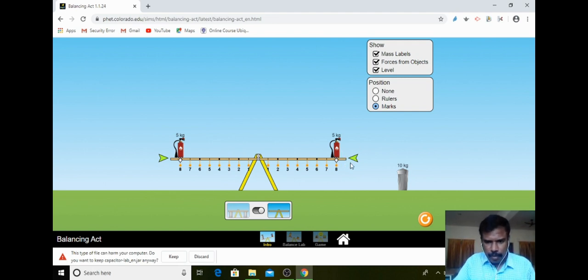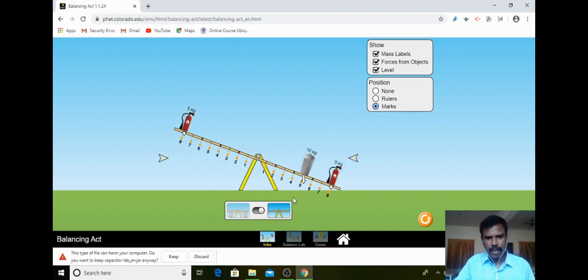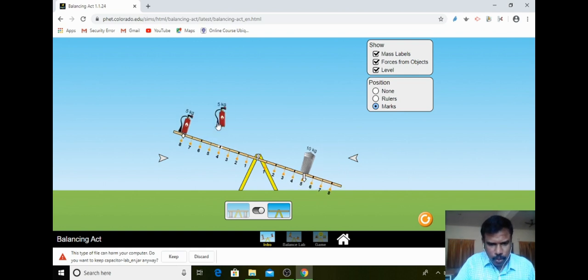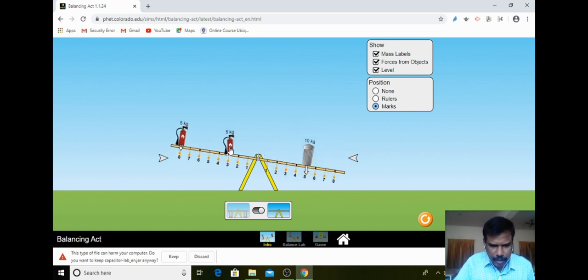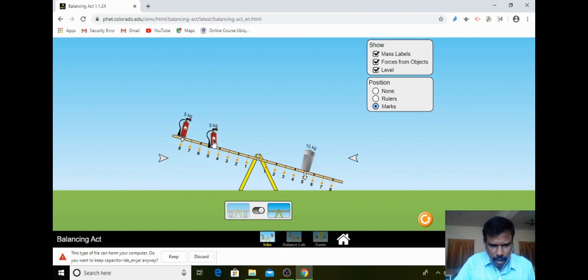Now I am making one demo. If I place this in the fifth place, what will happen? If I take this one to the seventh place, what will happen? On the left-hand side 10 kg and the right-hand side also 10 kg, but the place where I am fixing is different. If I place it in the fifth place, is it balanced?